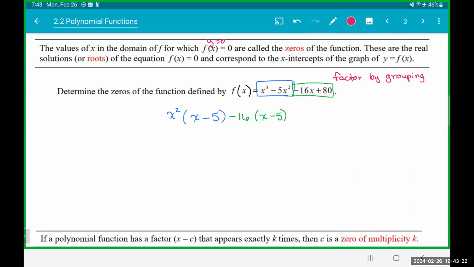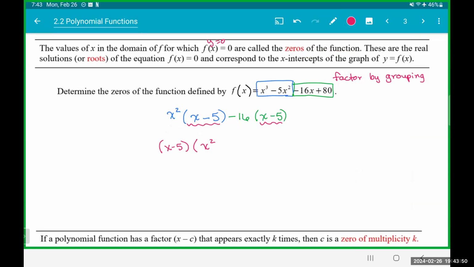Okay. Now I want to factor by grouping again. I look at this term and this term, and ask, what do they have in common? What can I factor out? You'll see that both of them have this x minus 5. So let's factor an x minus 5 out of each term. If I factor an x minus 5 out of the blue, I'm left with x squared.